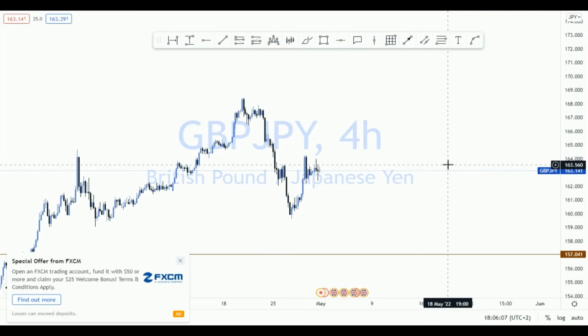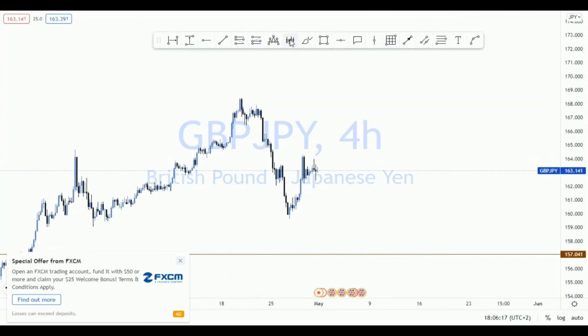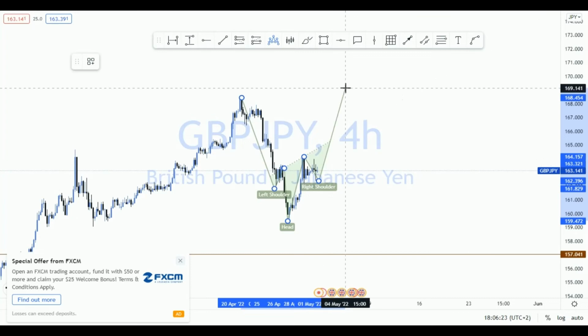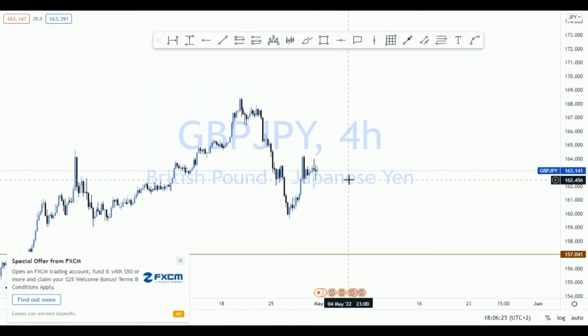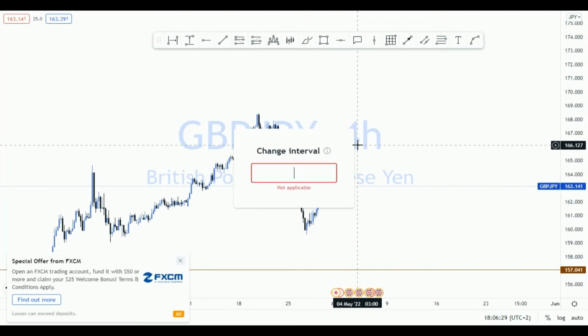By drawing more than just one scenario, you're drawing out multiple opportunities to then be able to recognize those opportunities, take advantage, and potentially profit from the market. Another thing I can see here is this inverse head and shoulders formation pattern, to then probably continue the move to the upside.